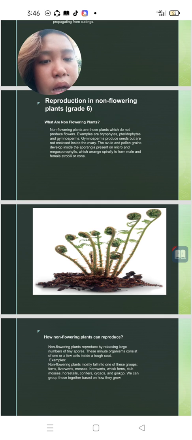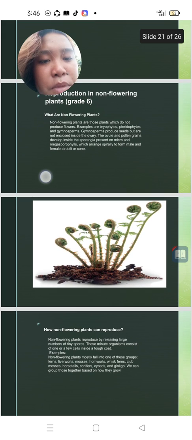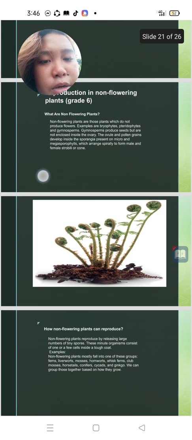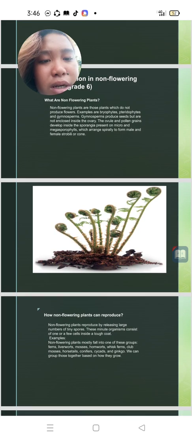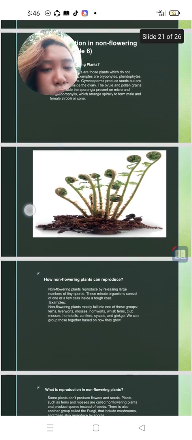The ovule and pollen grains develop inside the sporangium present on micro and megasporophylls, which are arranged spirally to form male and female strobili or cones.